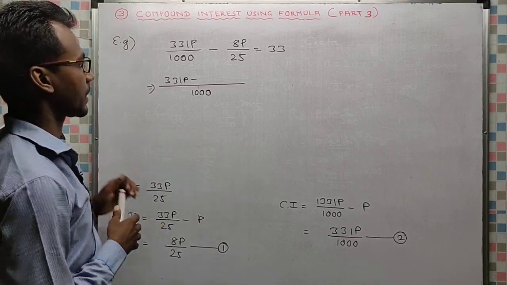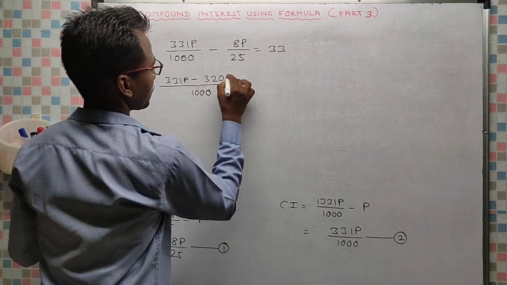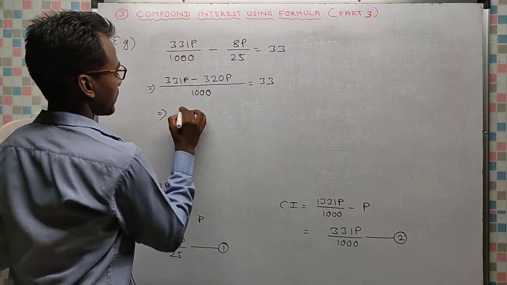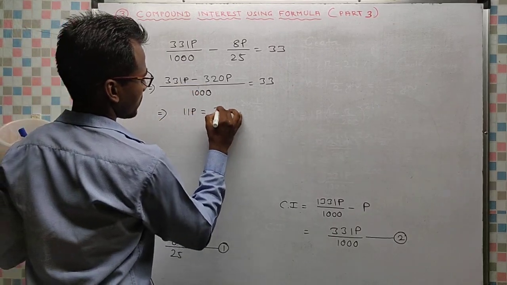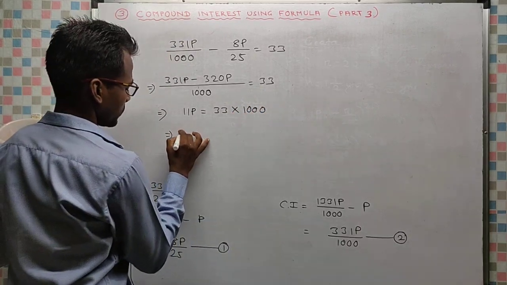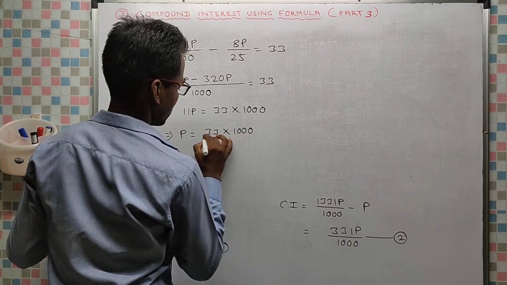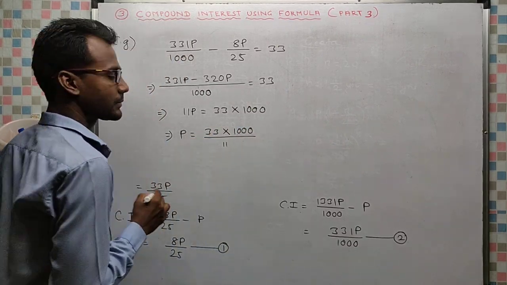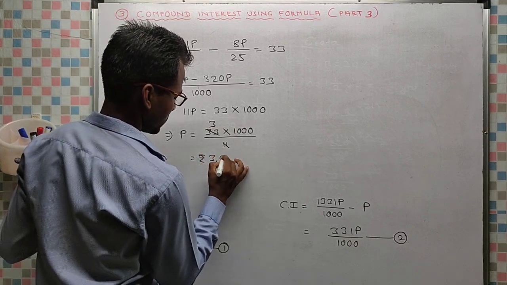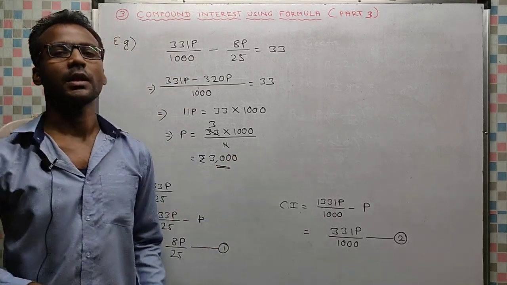So 40 into 8 is 320P is 33. 331 minus 320 is 11P is equal to 33 into 1000. So P is equal to 33 into 1000 by 11. So 11 threes are 33, so 3000. The answer is rupees 3000.